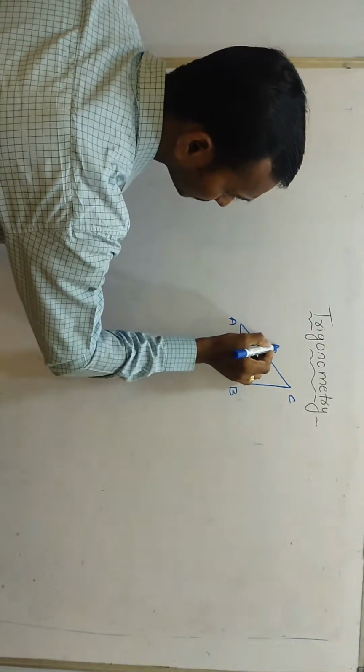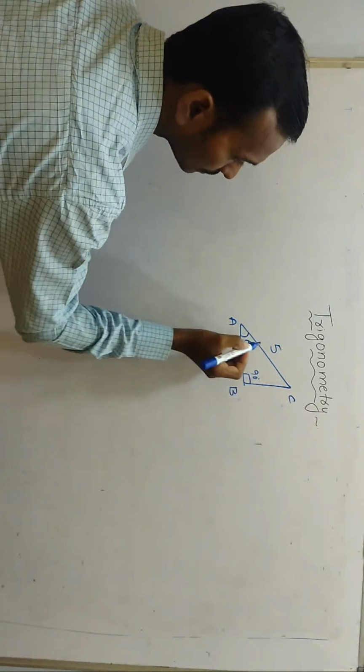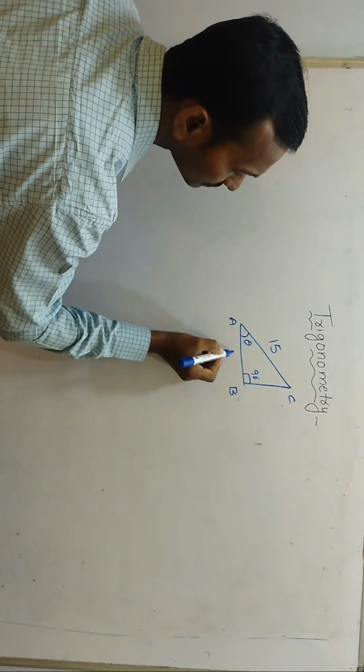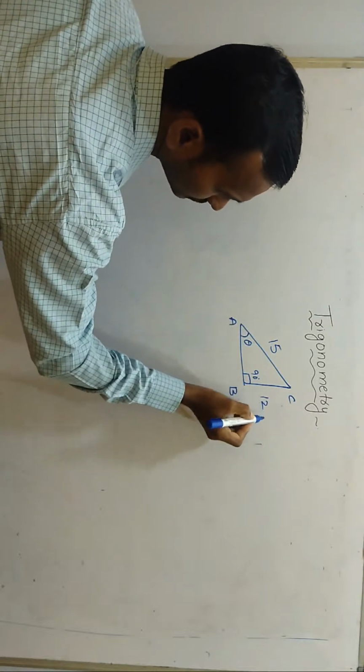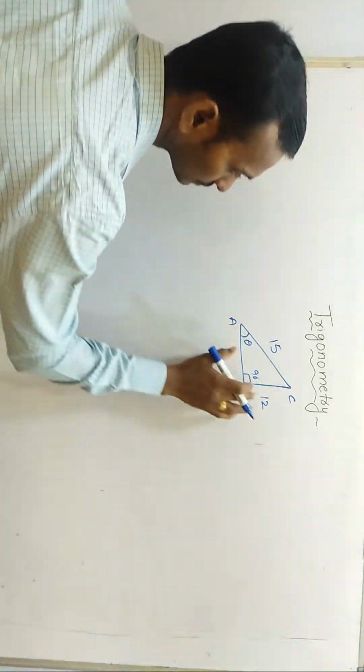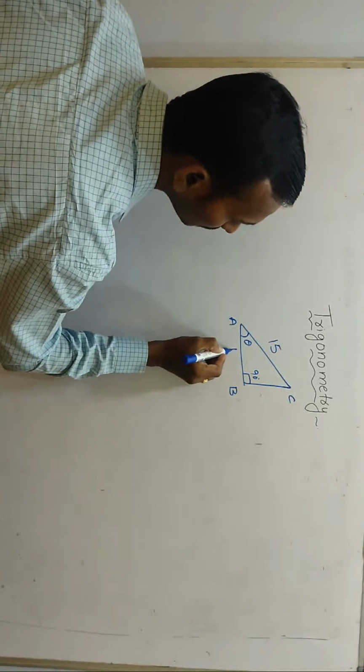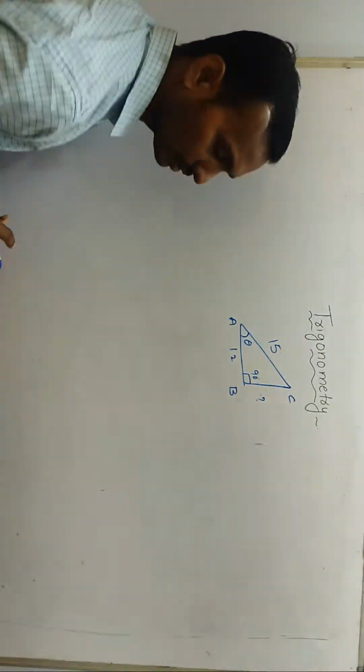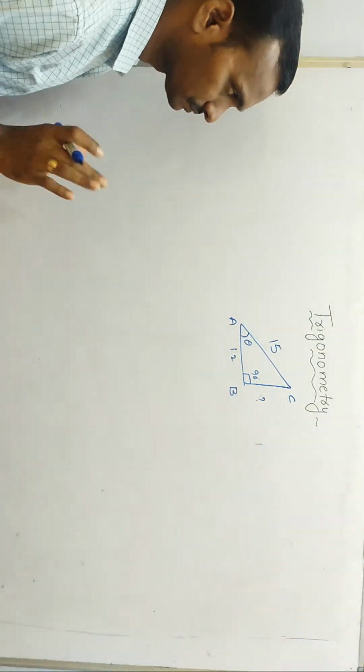AC is 15 and AB is 12. We have to find the value of BC.